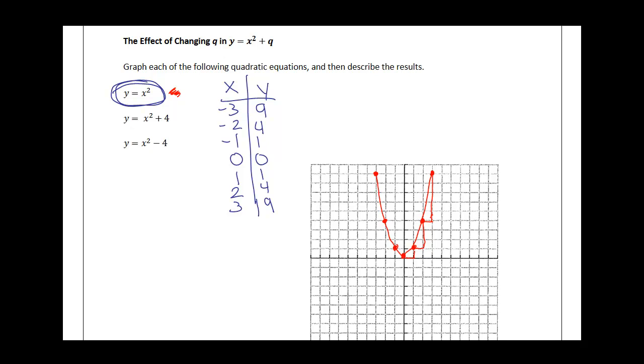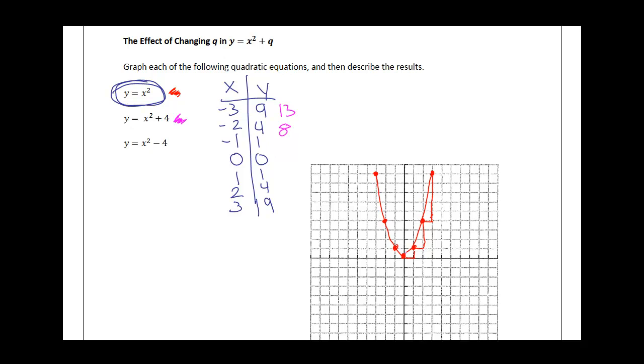For our next graph, I'll use this purple. What would happen to our y values if we added 4 like in our second function? Well, instead of having 9, it would be 13. And instead of 4, it would be 8. So our y values are increasing by 4 each time. The shape shouldn't change, it's just changing the location of our quadratic, increasing it by 4.